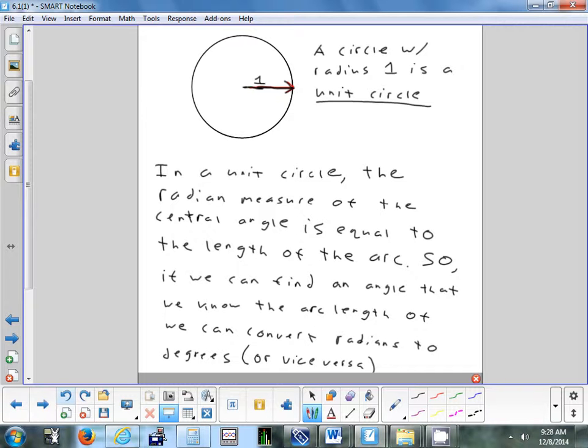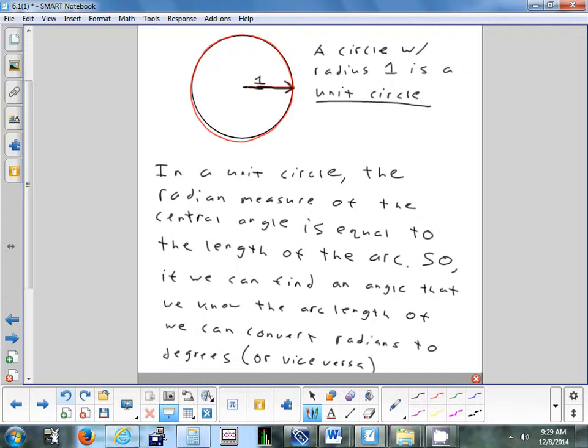The intercepted arc would be the entire circle. So it's no longer an arc, but what do we call it when it's an arc that goes all the way around and makes a full circle? You know the name of that, Nick? That's a circumference.